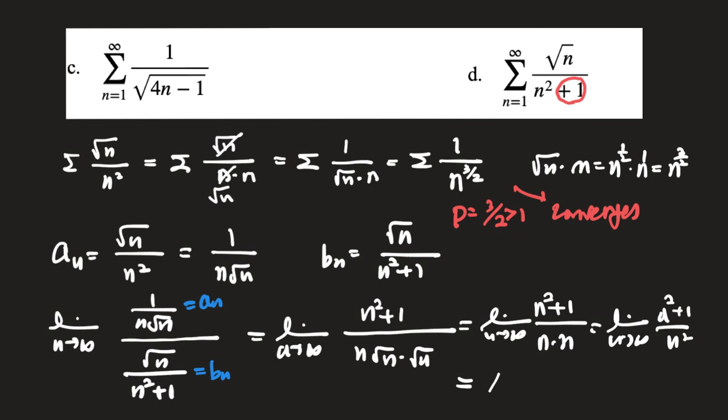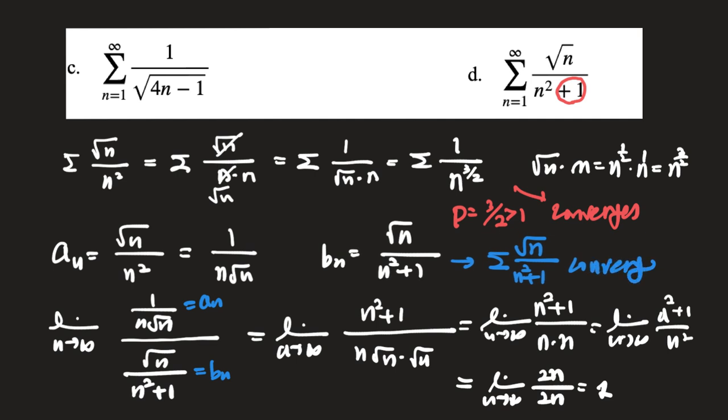I want to use L'Hopital's rule, 2n over 2n. That's going to be 1. So we know the limit of the ratio of the sequences is 1. So what do you know now, guys? This one already you proved convergent. Now, our conclusion is here. This series we see converges. So here's my conclusion for comparison test.